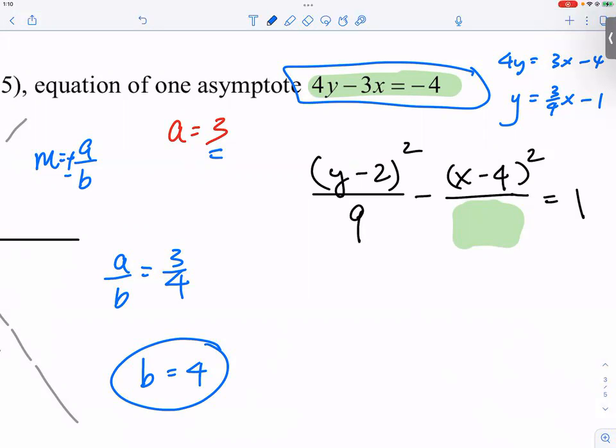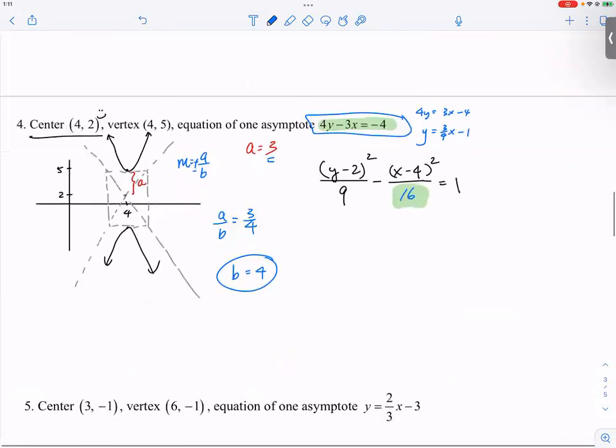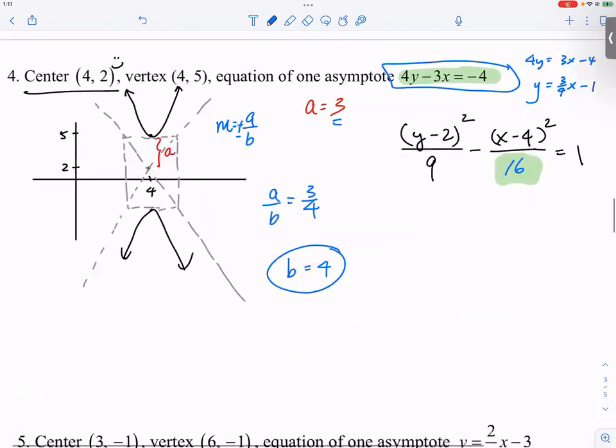We have this fraction, but we cannot tell A and B explicitly until we know one of these two values. We knew that A is equal to 3. Therefore, we can tell B is 4, and the second denominator is 16.